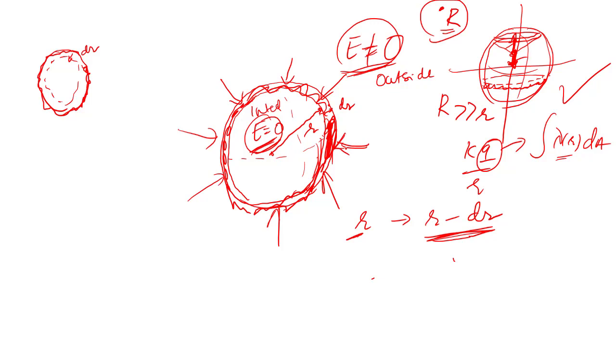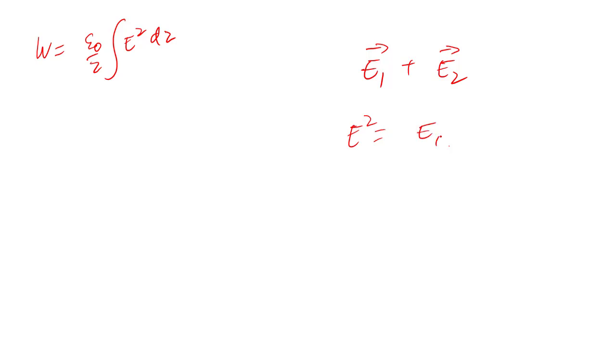So now that said, let's talk about superposition. We have defined the electric field energy as E square d tau. Now if I have two electric fields, E1 and E2, they're vectors, so they add like vectors, then E square would essentially be E1 square plus E2 square plus 2 E1 dot E2. So when you have the superposition of fields, you get this extra term of 2 E1 dot E2.